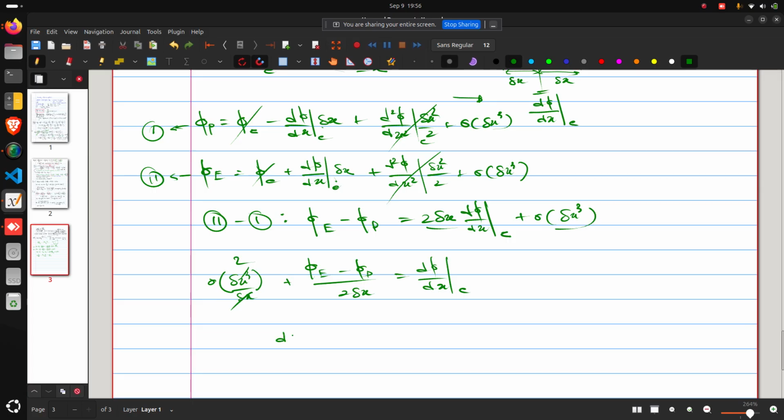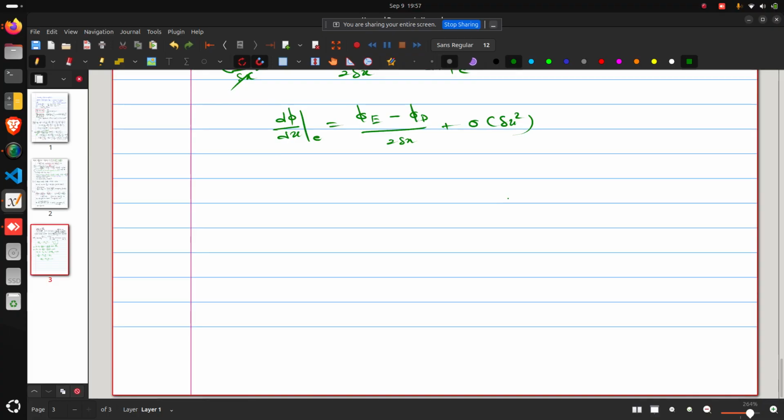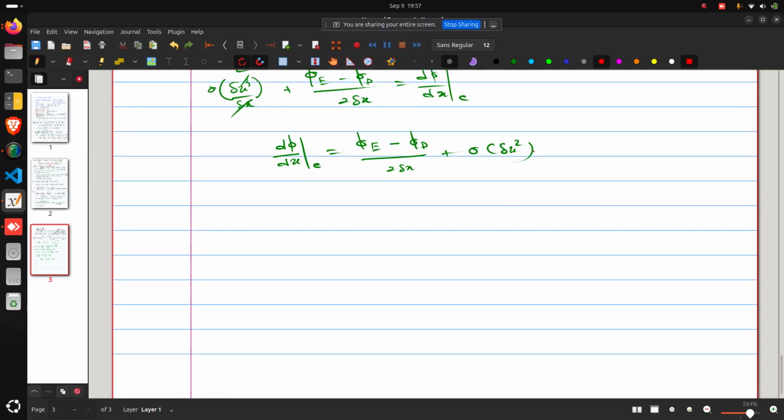So we can write finally the d phi dx at face E is phi capital E minus phi capital P by 2 delta x plus some delta x squared term, right? And if you remember, this is nothing but the truncation error. Okay, this is nothing but the truncation error.